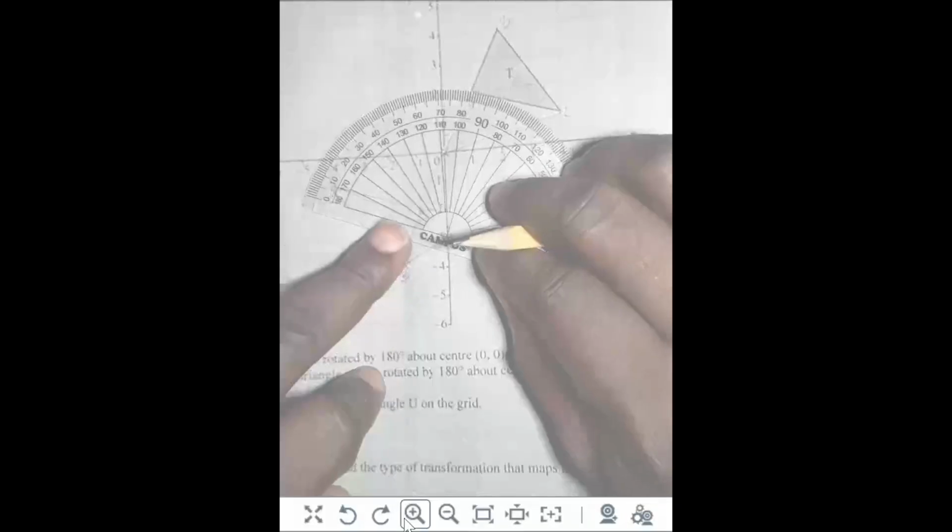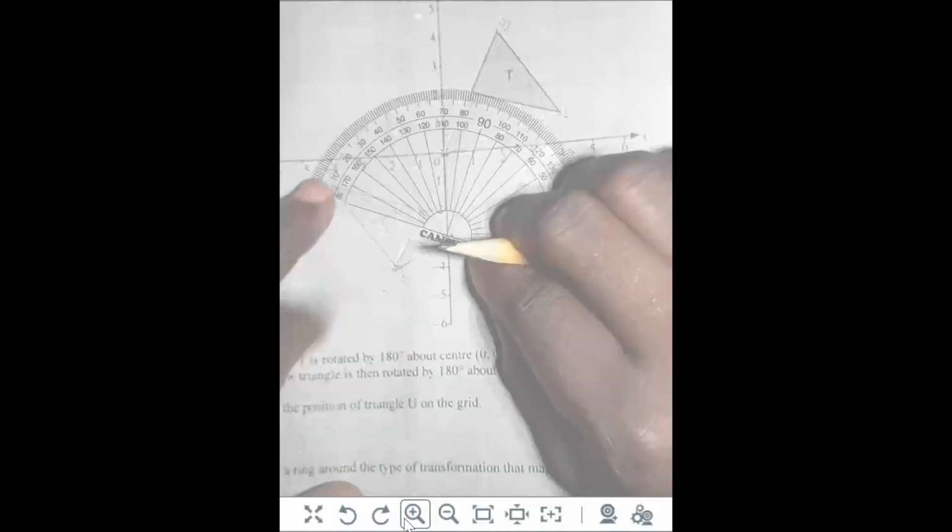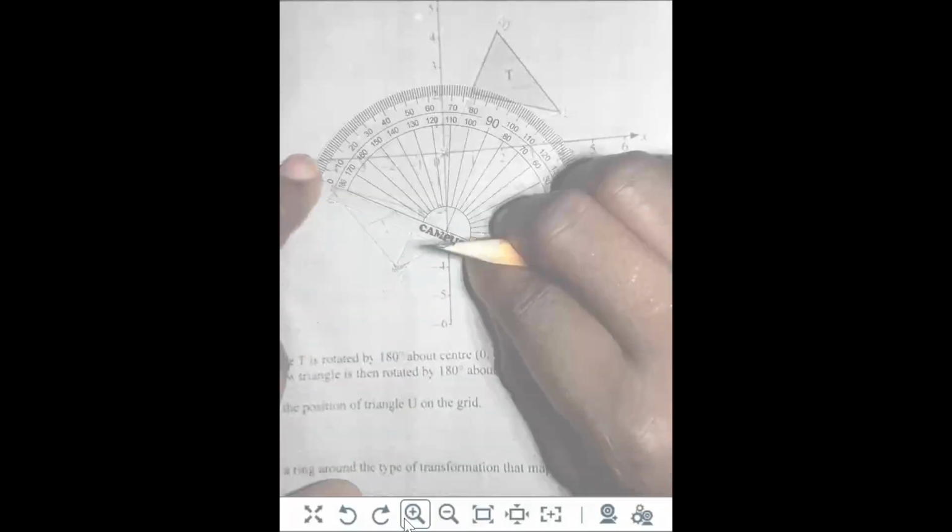So B prime prime. And the last one is to draw a line from point C to my center of rotation. Okay, so if you draw another line there, it will be this. Then you take the protractor there to get the direction of 180 degrees. The center of the protractor will be on the center of rotation, and 0 degree will be on C prime.